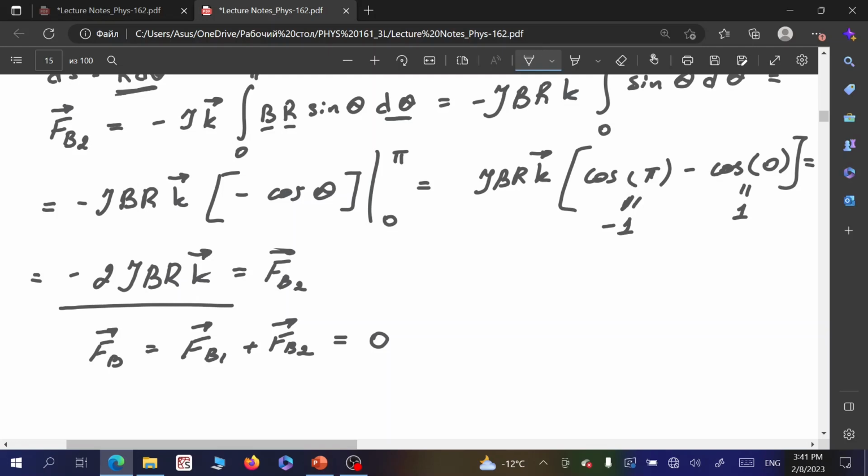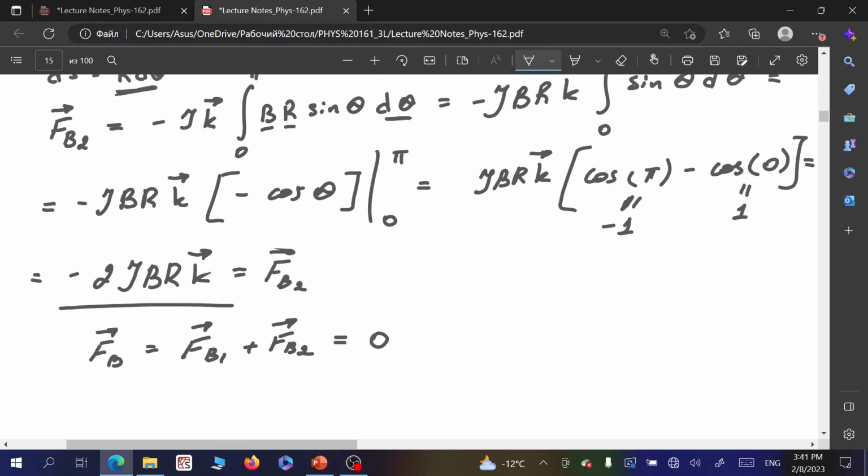So when we sum up and calculate the net magnetic force vector exerted on this closed loop, we end up with 0. It means there is no net force exerted on the closed loop placed in uniform external magnetic field. And that is the unique feature of the closed loop magnetic field interaction, which you need to remember.